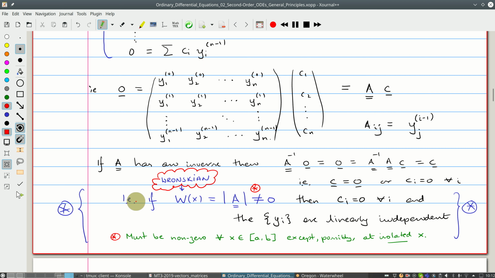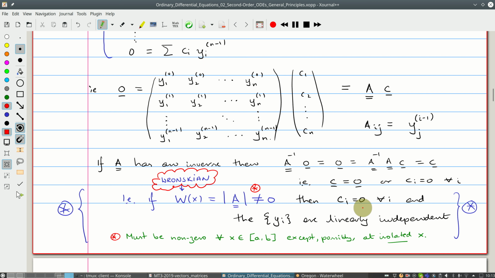Now, when does the inverse of the matrix exist? It exists when its determinant is non-zero. So now I'm going to define the Wronskian, W of x. It's generally a function of x, which is equal to the determinant of A. When this Wronskian is non-zero, then the ci's are equal to 0 for all i's.